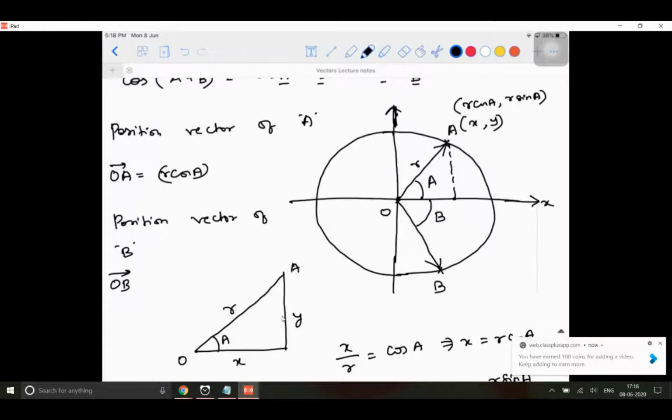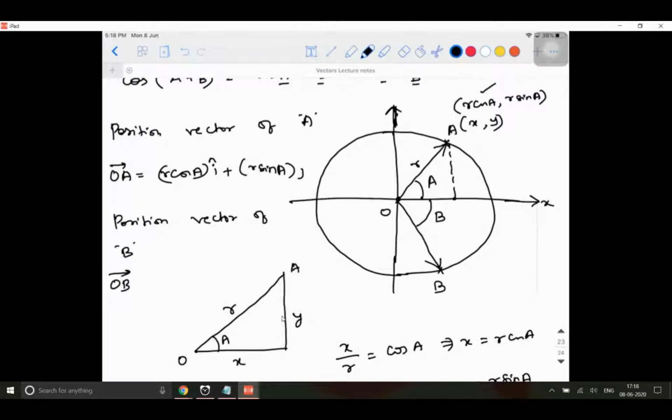The x coordinate. So for the x coordinate, what unit vector do you use? i cap. So you write r cos A i cap plus r sin A j cap. That's it. As simple as that.